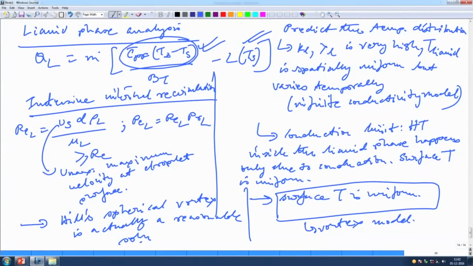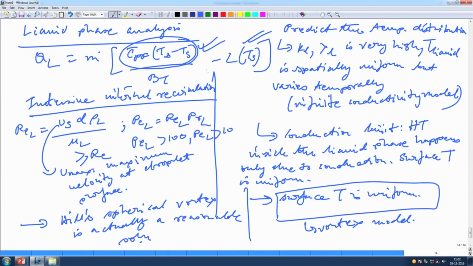In reality that can happen, because you have a wake behind the droplet and all those things. But for the time being, for the vortex model, and for many other models also, we are assuming that the surface temperature is uniform across all levels. And this Peclet number is also high, sometimes greater than 10, greater than 100, and most of the time at least greater than 10.